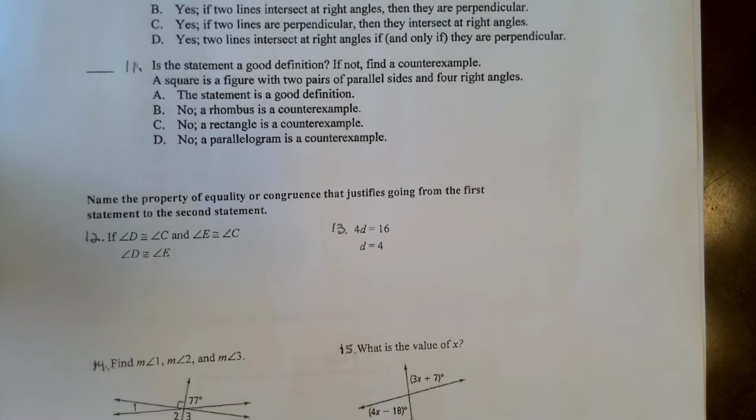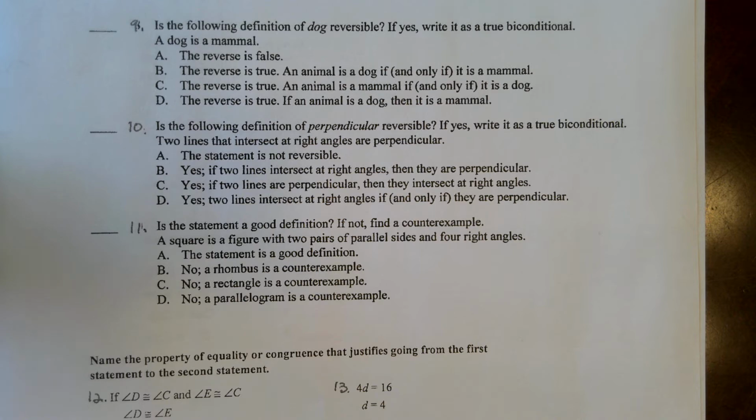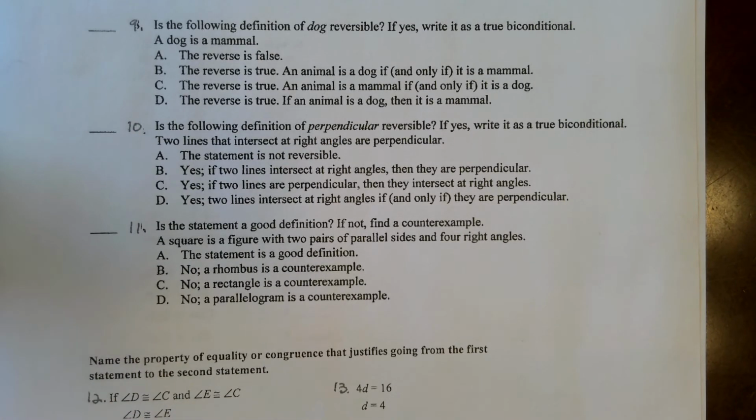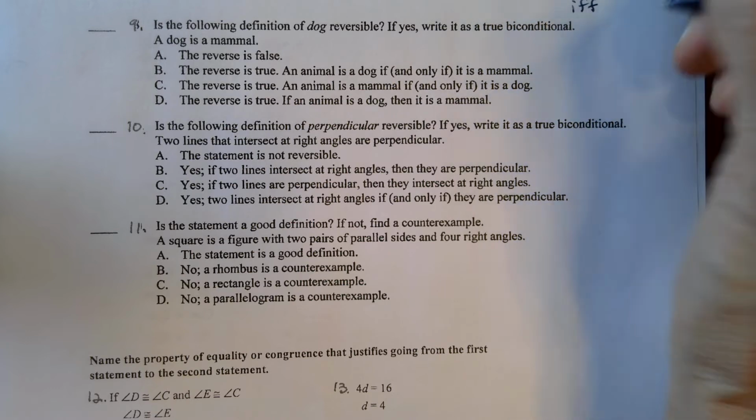So we're getting to some of my favorite problems, which, as you know, I say a lot. Is the following definition of dog reversible? If yes, write a true biconditional. Now let's remember that a biconditional is an if and only if.